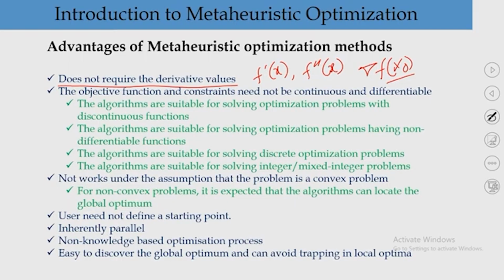The objective function and constraints need not be continuous and differentiable. One of the limitations of classical optimization methods is that the function should be continuous and differentiable, but in metaheuristic optimization methods, this restriction is not there. The function can be discontinuous, discrete, or non-differentiable.